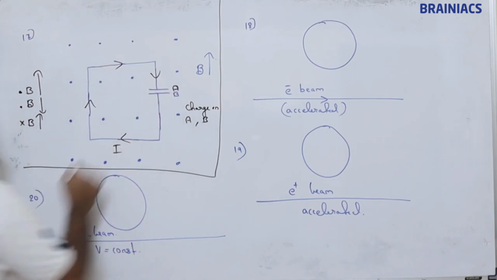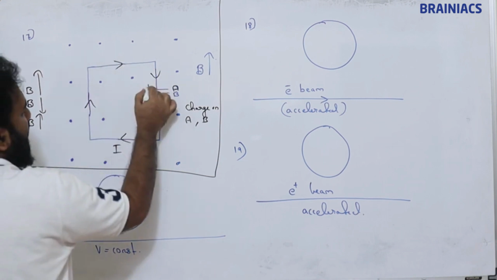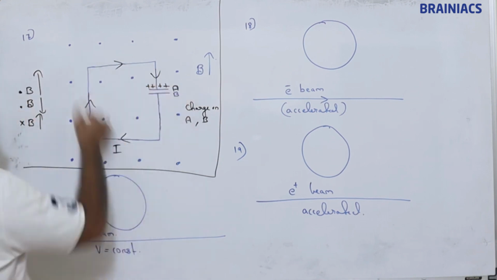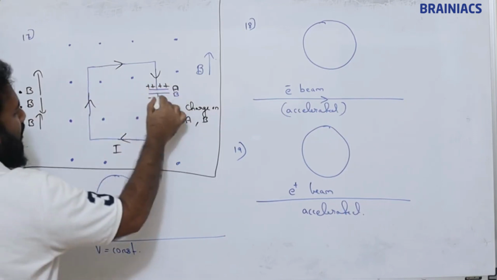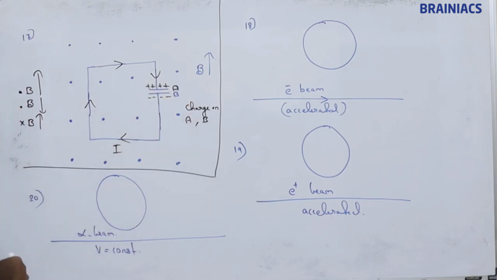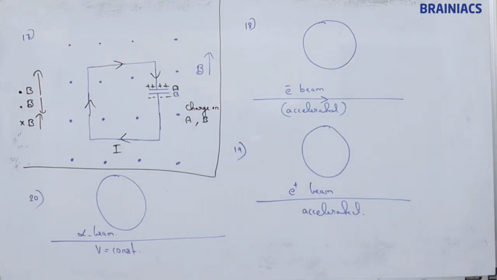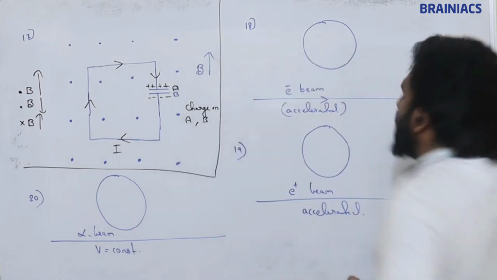This will be the current direction. So positive charges will be moving in this direction. So current is moving in this direction. It means that negative charges will be coming to plate B. Clear? So that is how the charging of the plate will happen. Understood? So we will move to the next question.